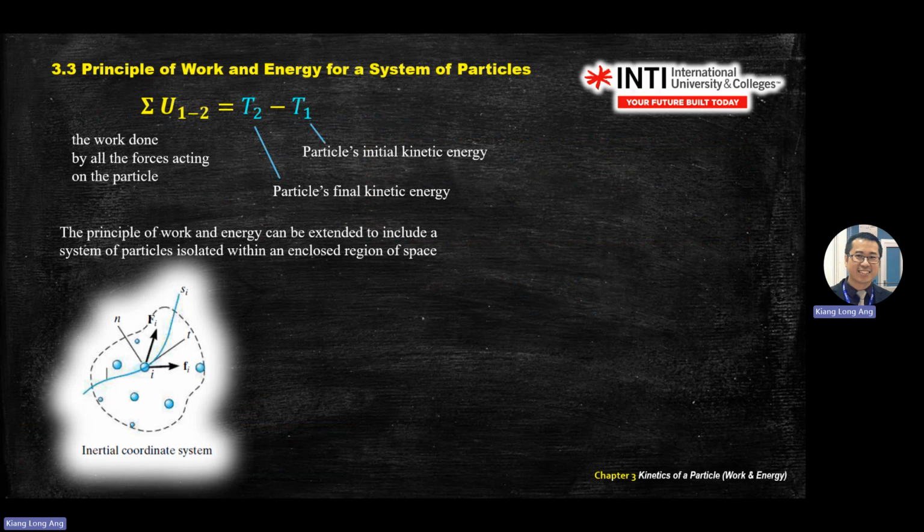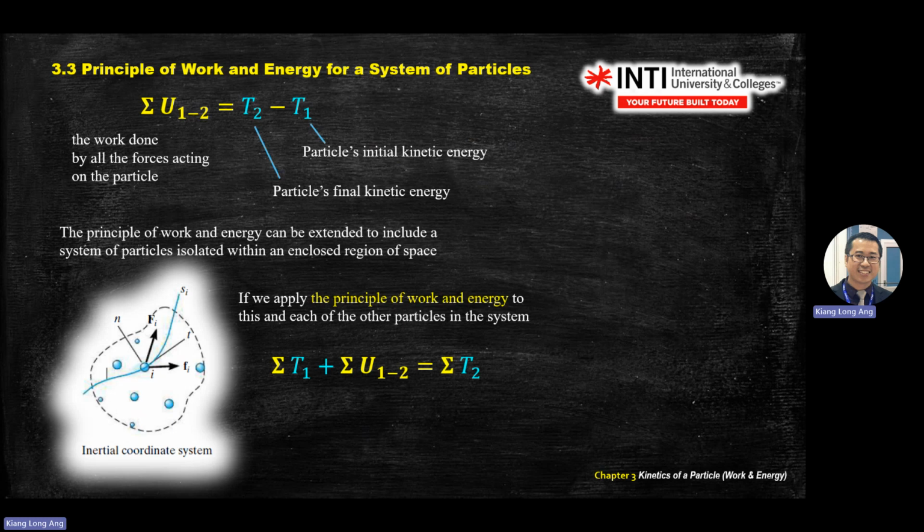If you deal with a larger system with individual particles, you just sum all the energy together. You still use the same equation. You just write this one and then you try to solve. It's just a rearrangement of the equation.